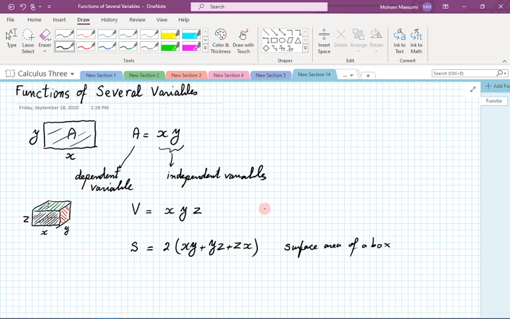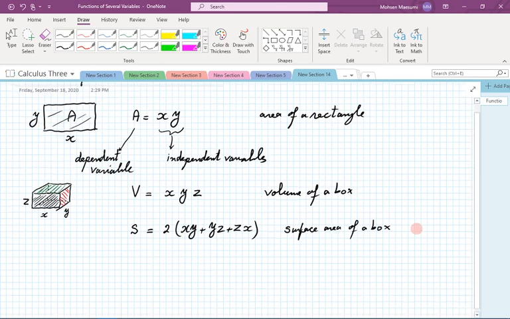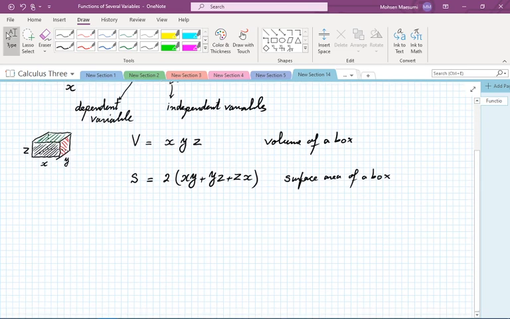And that is, of course, the volume of a box. And that was the area of a rectangle. So the idea was that these quantities that we have here, x and y and z, are all independent of each other.